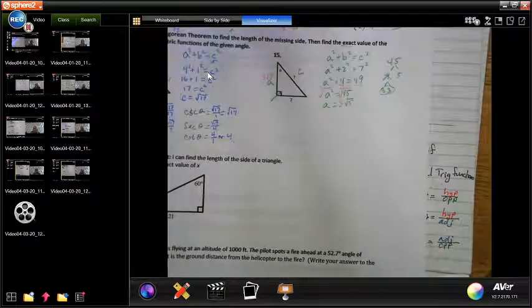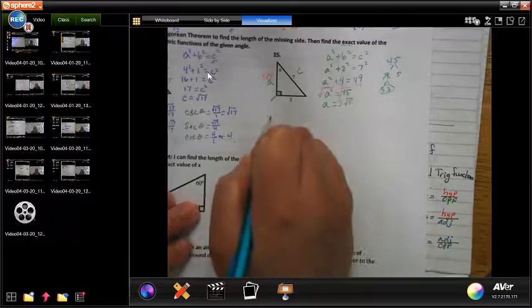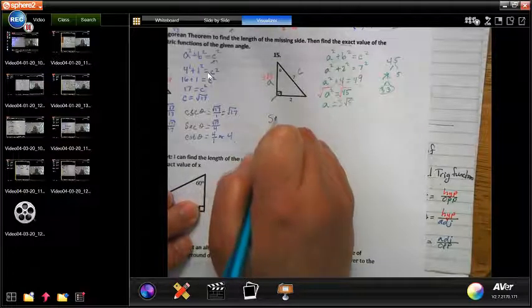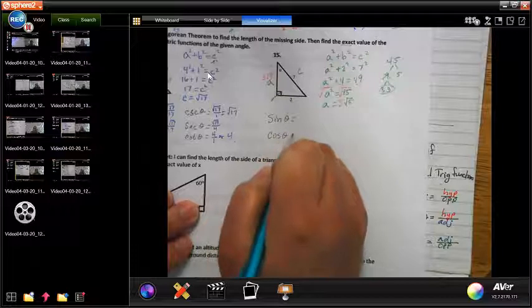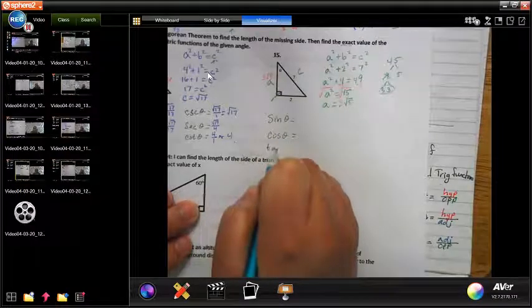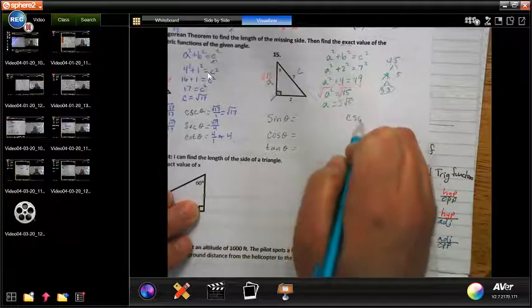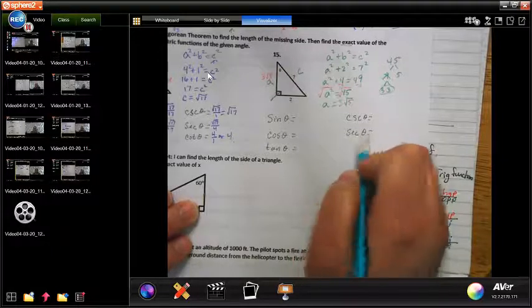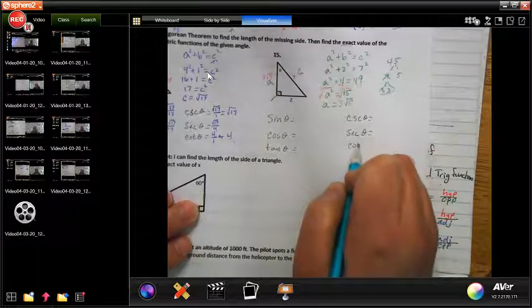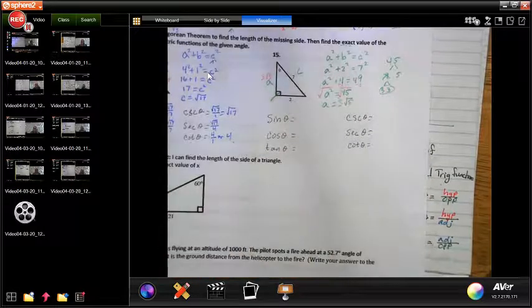Okay. So now that I have that, I need to find the 6 trig functions. I spaced it out a little bit more this time, just in case I need to show some work because I didn't leave a lot of space on the first problem.